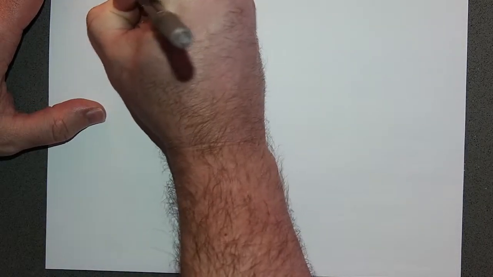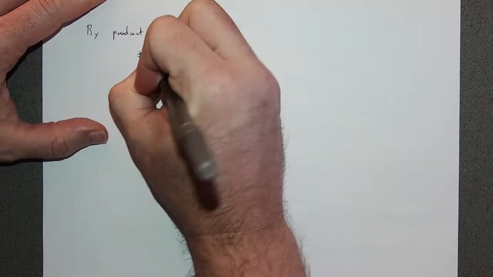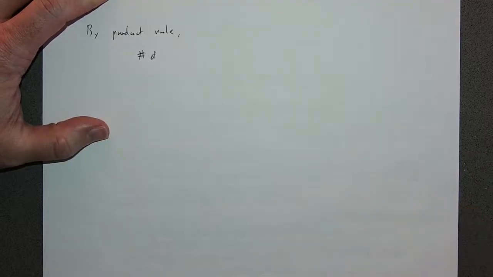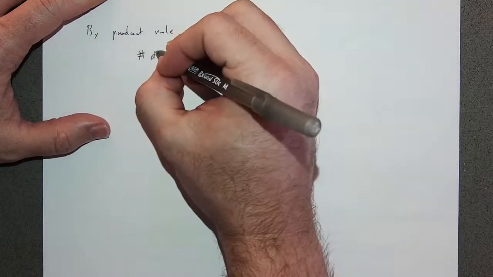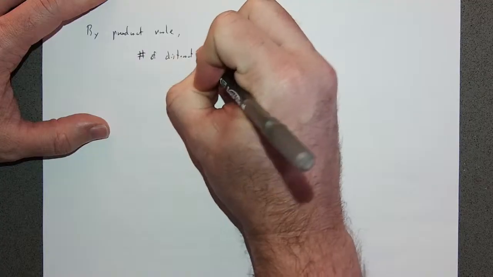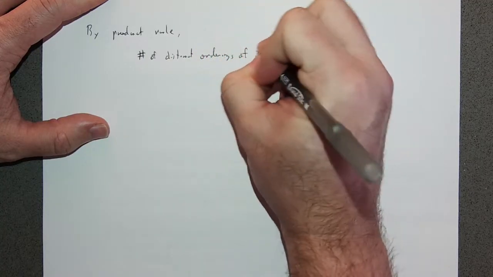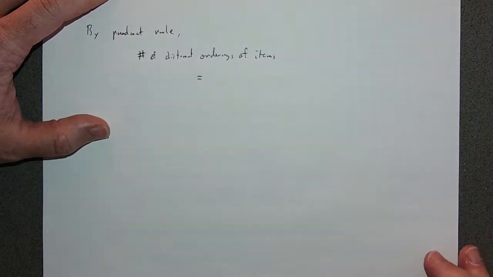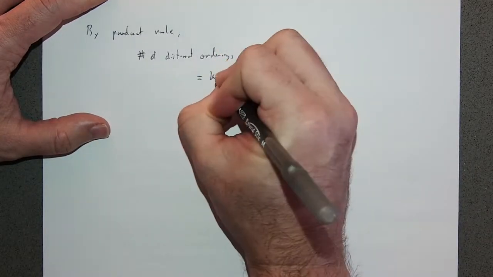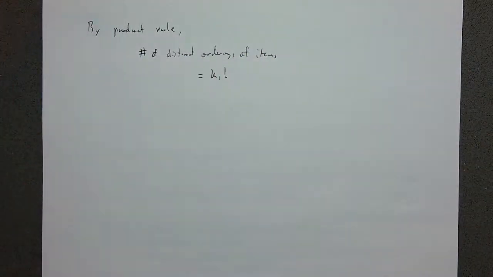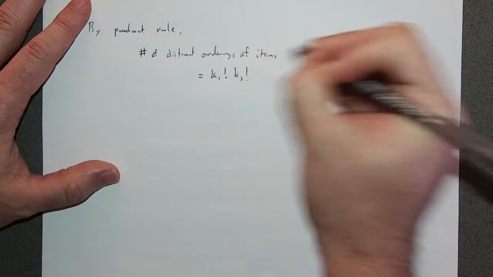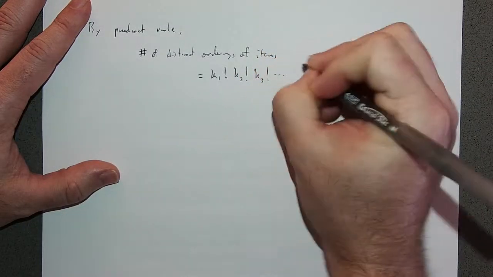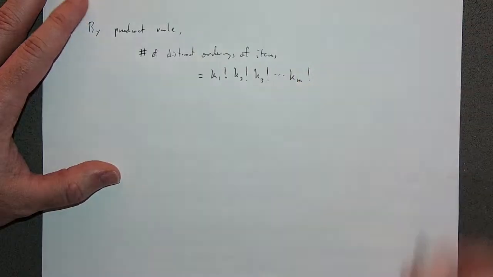By the multiplication rule, the product rule, the number of distinct orderings of the items is, well, there's the permutations of the case of 1 objects, then the case of 2 objects, then the case of 3 objects, and so on, out to the case of m objects.